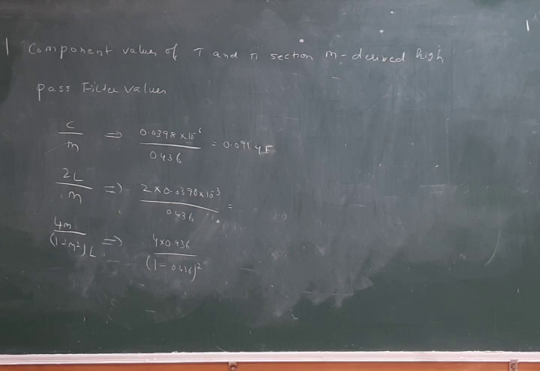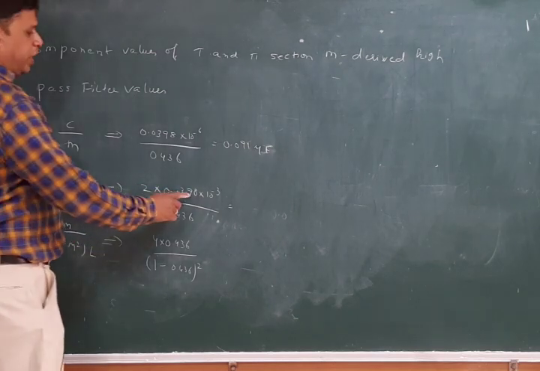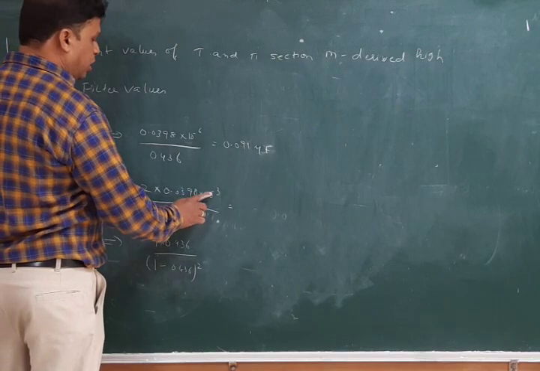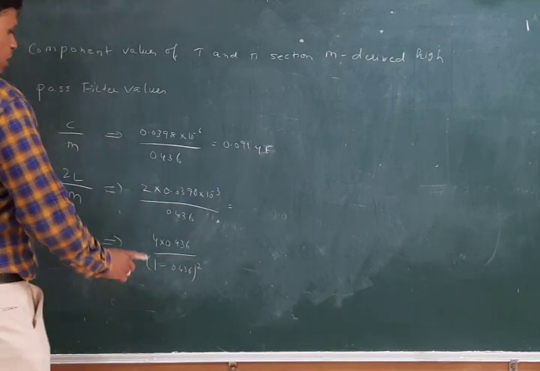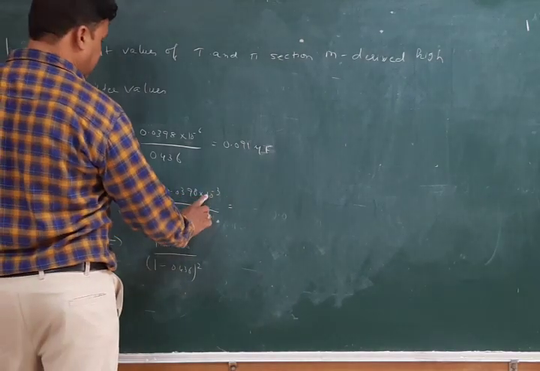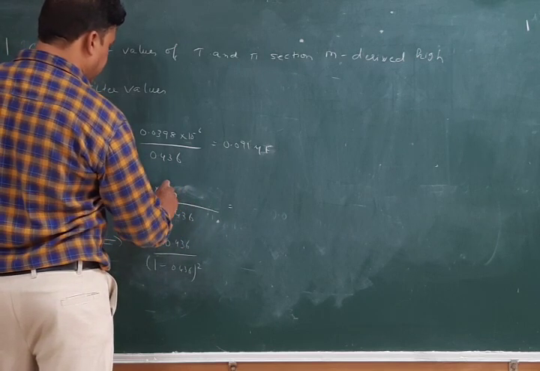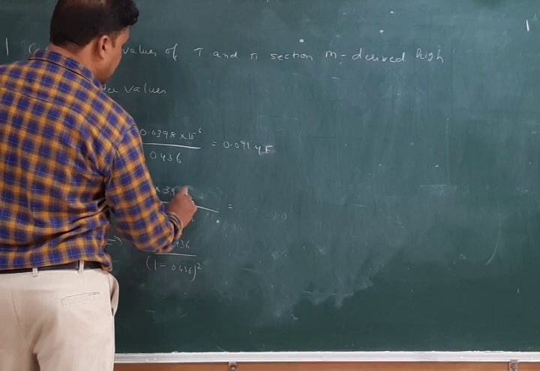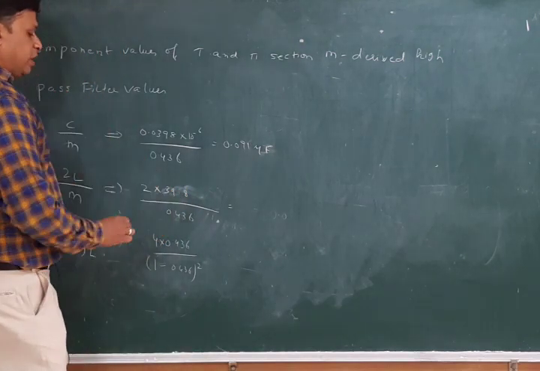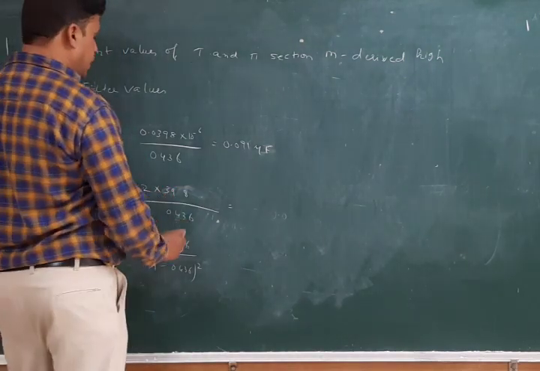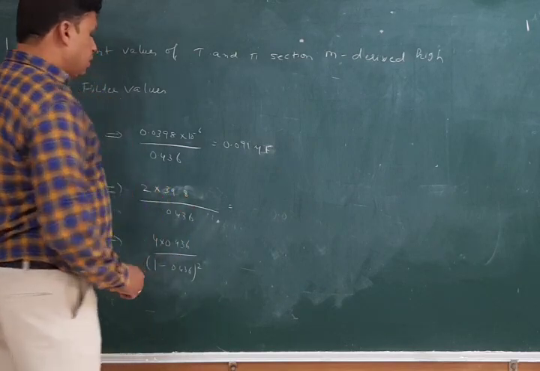So, you can correct here: it is 0.0398 Henry, or you can convert it into millihenry, which is 39.8 millihenry. So please make a correction: 2 into 39.8 millihenry.